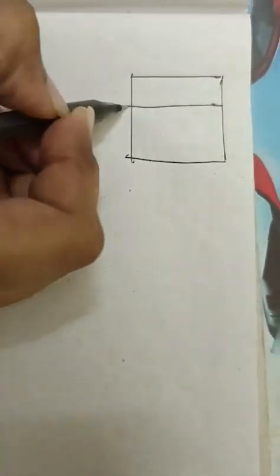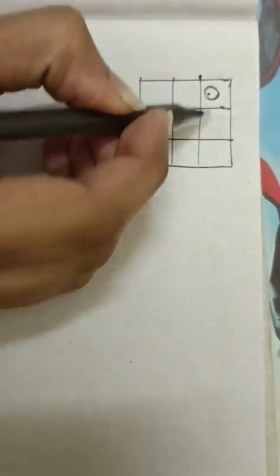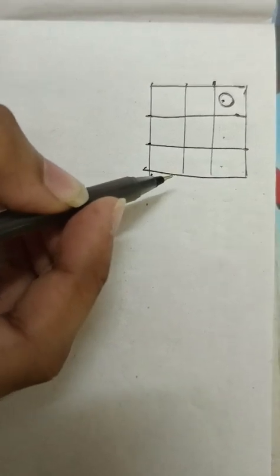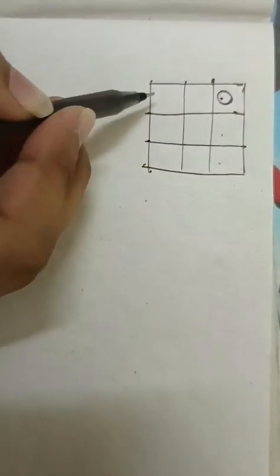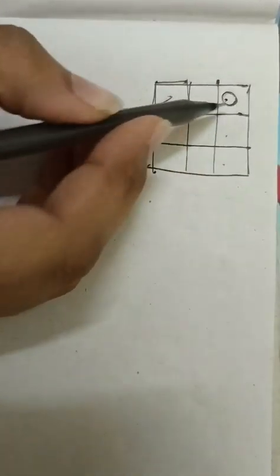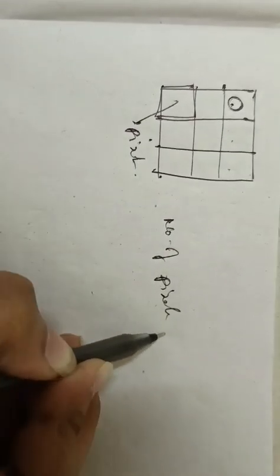Now learning about pixels. Here the single square is a pixel. Generally, an image is made up of tiny square-like pixels. These tiny squares are called pixels. An image is described by the number of pixels it contains.